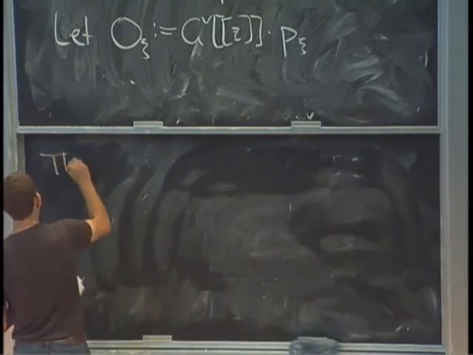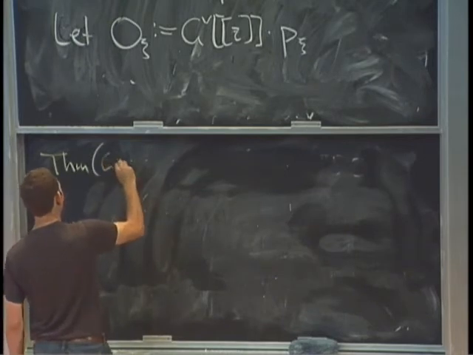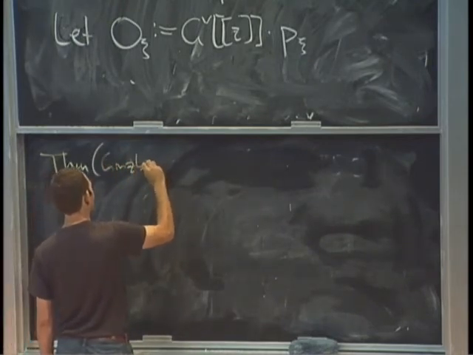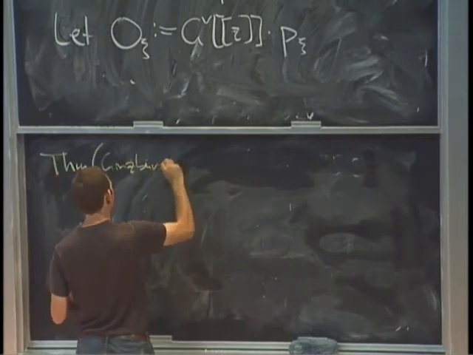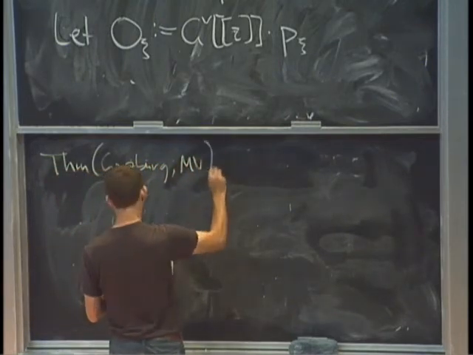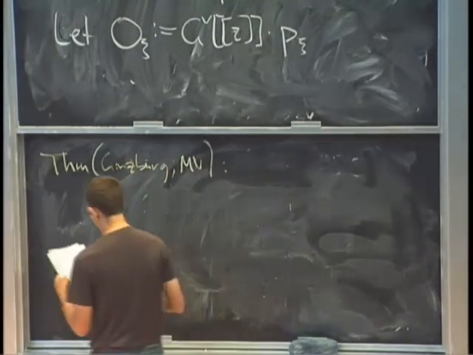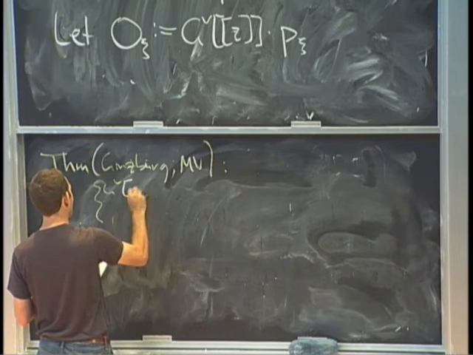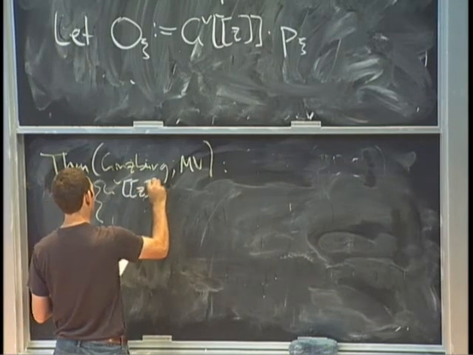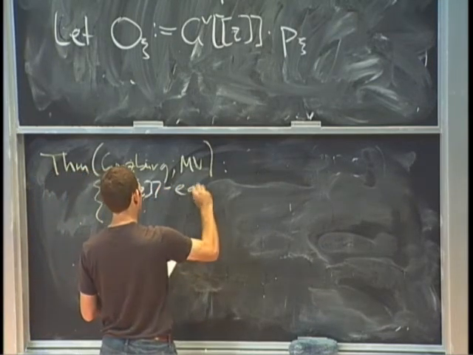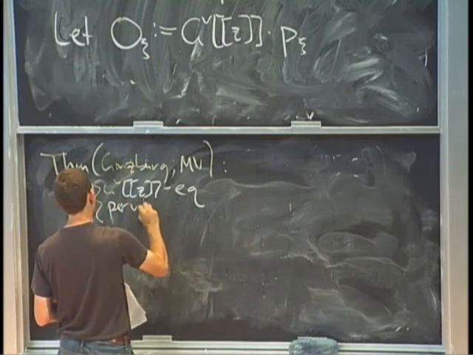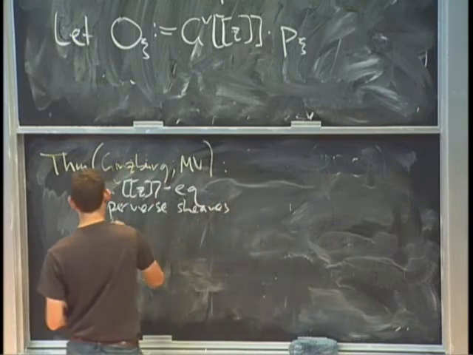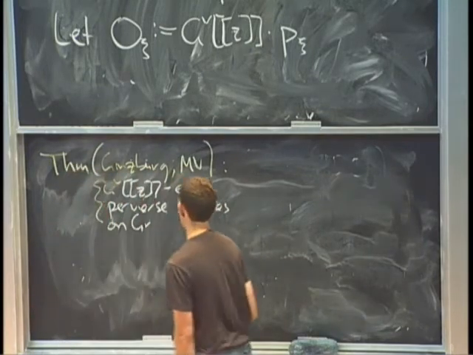So the theorem, well, I guess Ginzburg and Mirković and Beilinson are the people to put here. It says that I have an equivalence of categories from G check of O equivariant perverse sheaves on Gr with finite dimensional support.